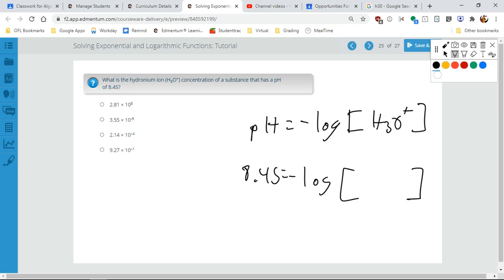So since this is a negative log, we're going to make this negative, just to move that negative over. And then we're going to use the inverse property, which is what I call basing. Our base here is that invisible 10. So whenever you see a log, it is a 10.